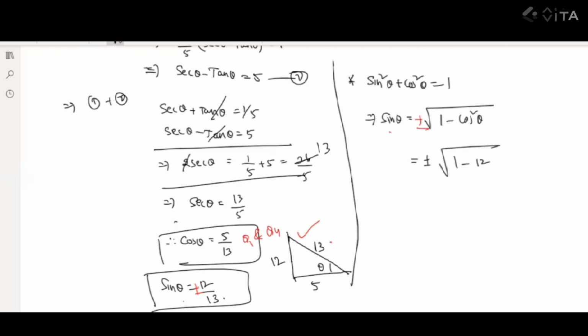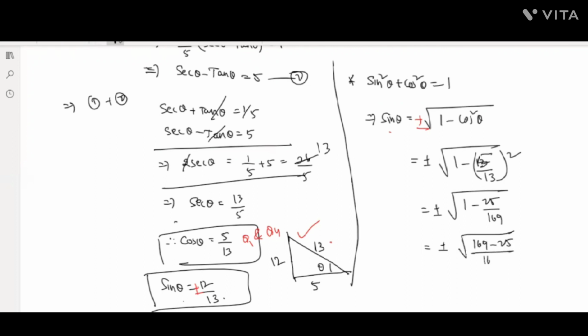So substitute the cos theta value, that is 5 by 13 whole square. So we'll get plus or minus root over 1 minus 25 by 169, which is plus or minus root over 169 minus 25 by 169, which is equal to plus or minus root over 144 by 169. Therefore, sin theta is equal to plus or minus 12 by 13.